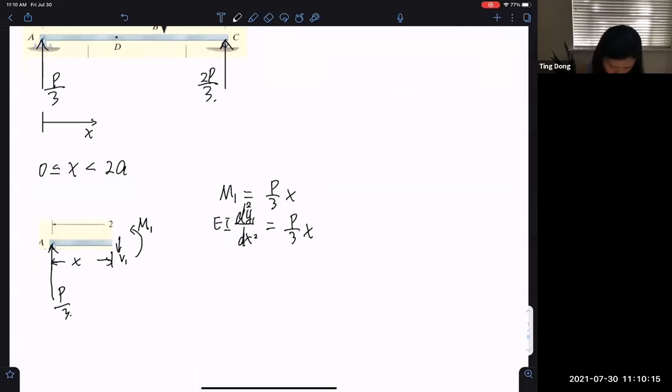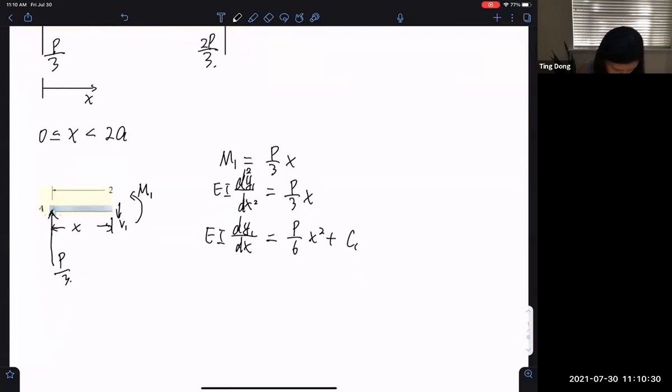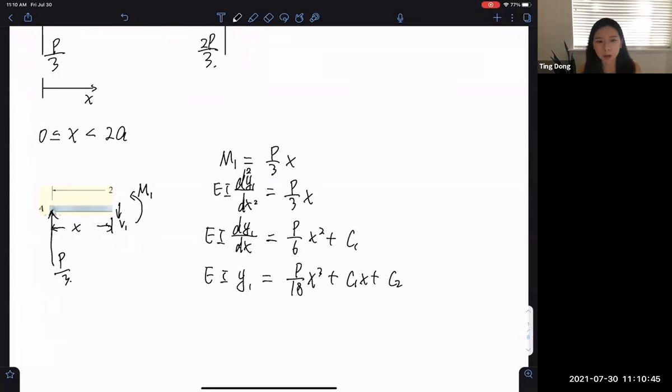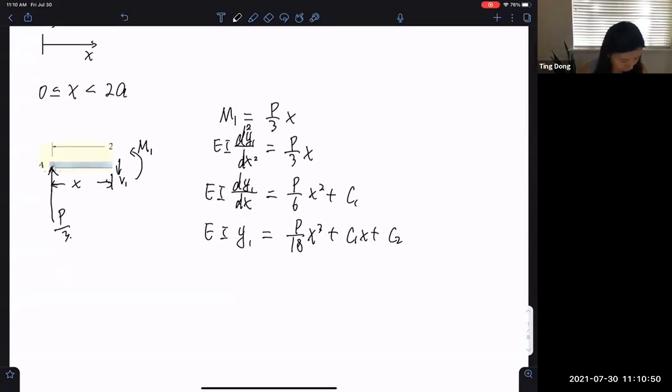So we integrate once, we get EI dy/dx, the first derivative, plus C1. Integrate again, this is the deflection curve: P/18 x cubed plus C1 x plus C2. C1, C2 are unknown coefficients. We need to solve for them later by applying boundary conditions.